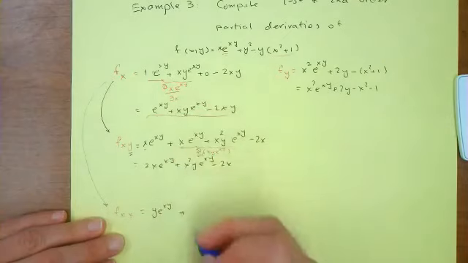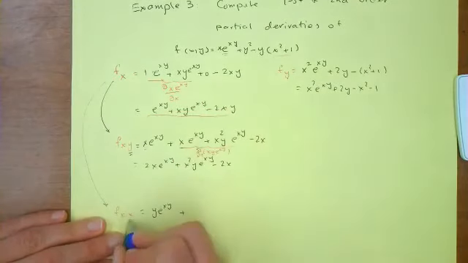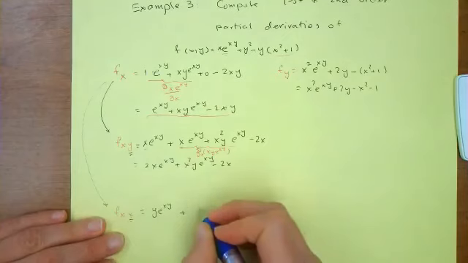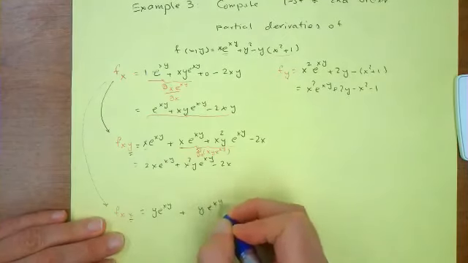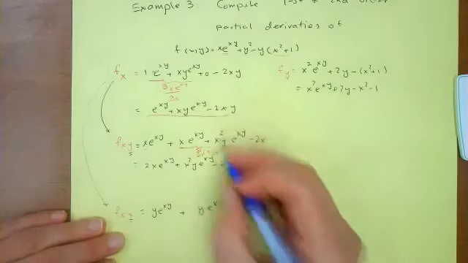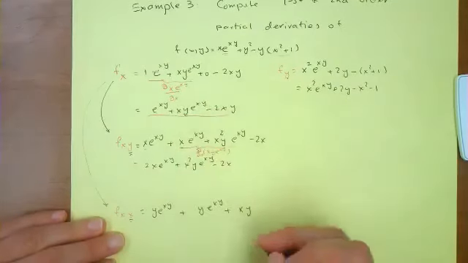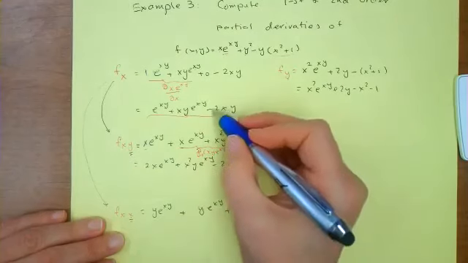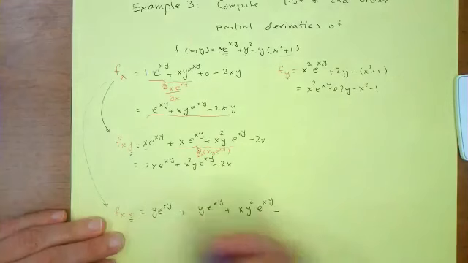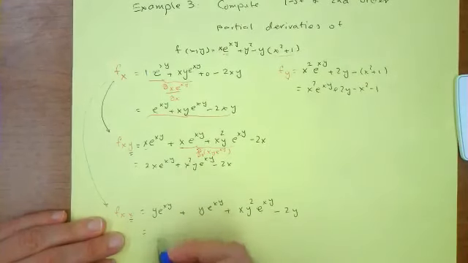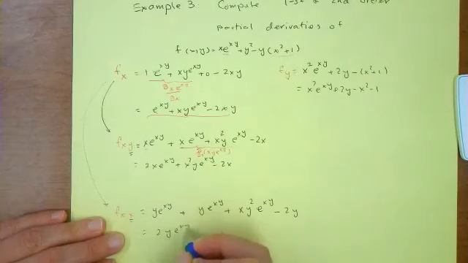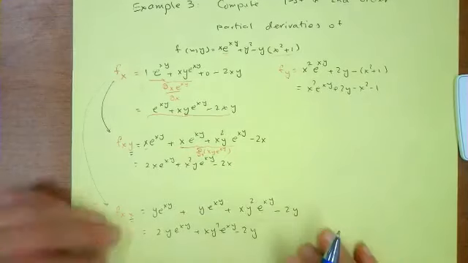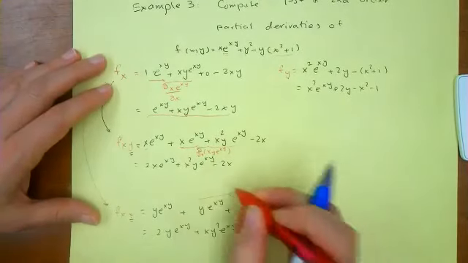The derivative of the first, xy, with respect to x is going to end up to be y. Then I will have to take xy times derivative of the exponential, which is itself. Then with respect to x, I get another y. And derivative of minus 2xy is going to be minus 2y. Clean it up again and you get 2y e to the power xy plus x y squared e to the power xy minus 2y. And this part was the product rule.